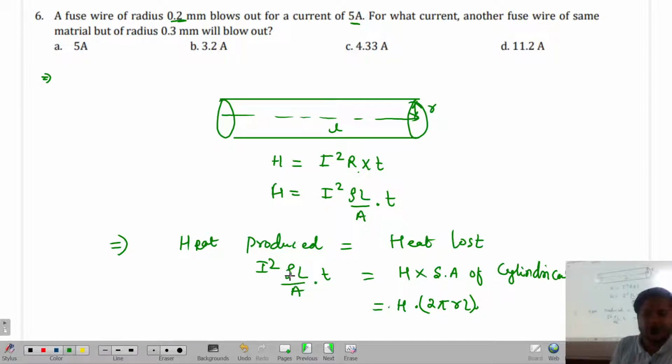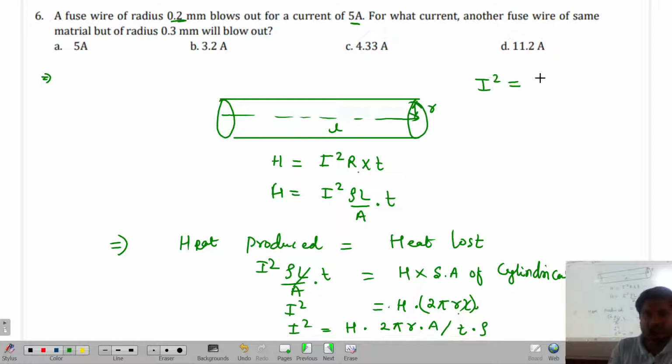So try to understand here. Length L got cancelled. I square into area is what? I will write, I square is nothing but heat into 2 pi r into area divided by time t into rho. So what you got as I square?